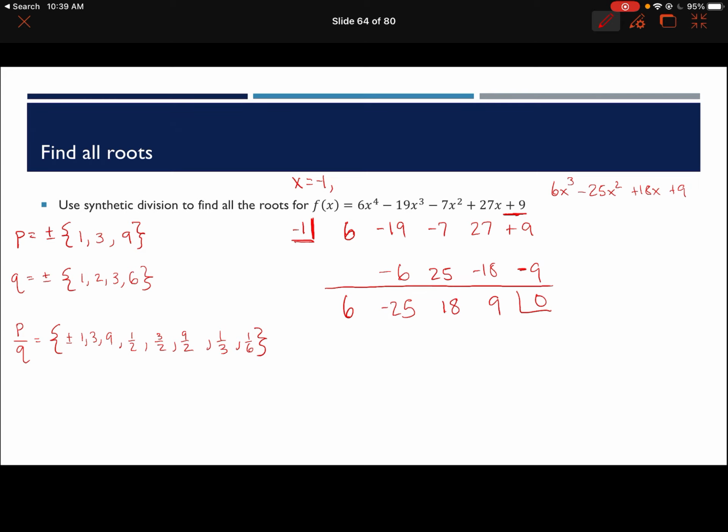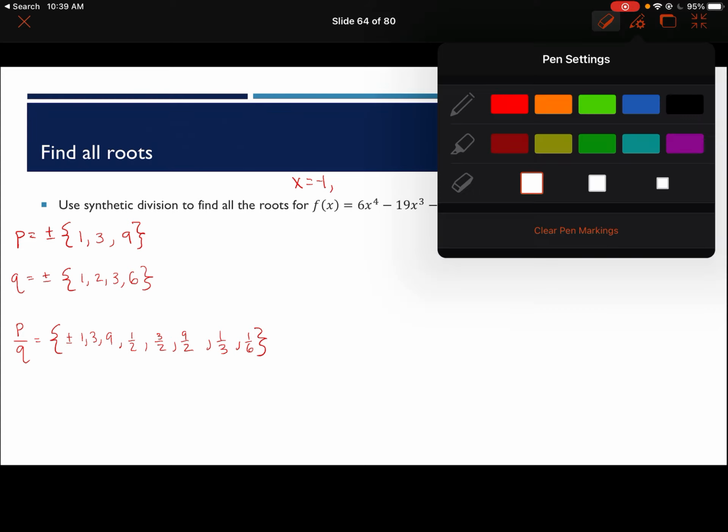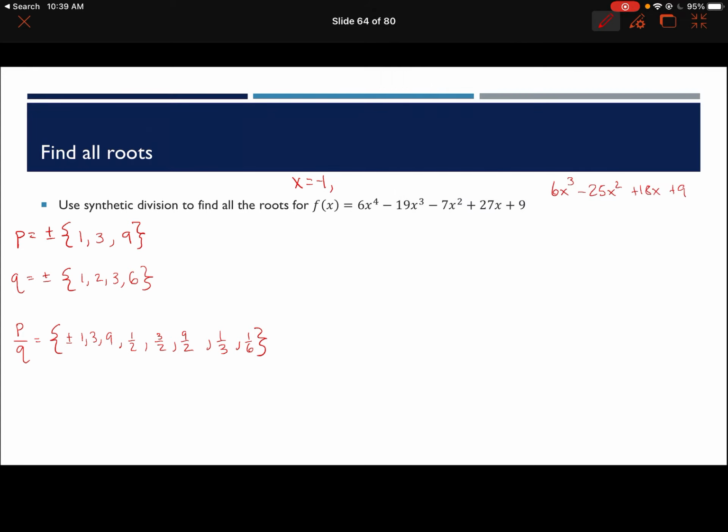So we get a different cubic function. But if we do our P over Q list, we're actually going to end up with the same values.